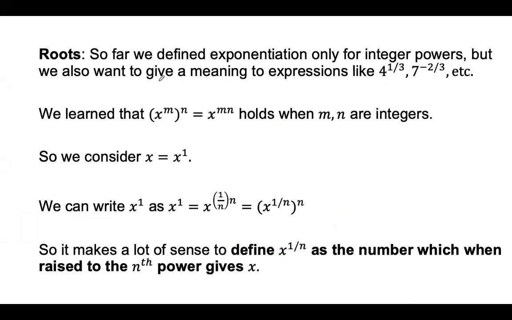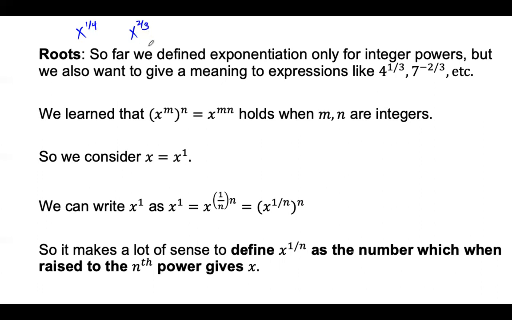So roots. So far we've defined exponentials basically only for integer powers, but we also want to give a meaning to expressions like 4 to the power 1 over 3, or 7 to the power negative 2 over 3. Or let's say something like x to the power 1 over 4, or x to the power 2 over 3.